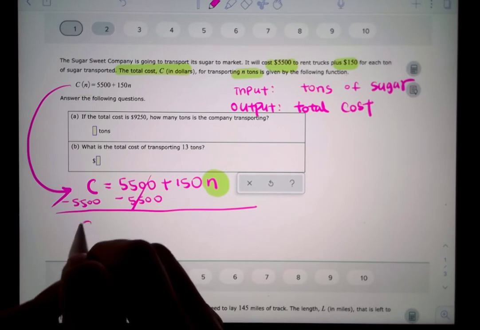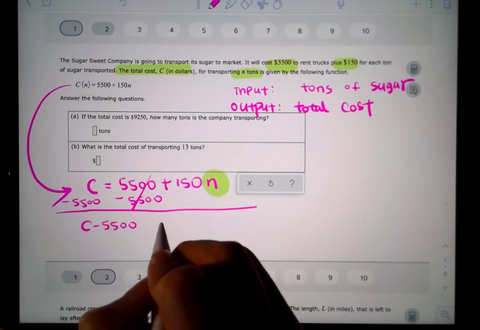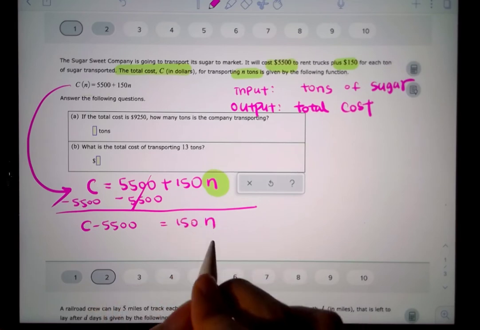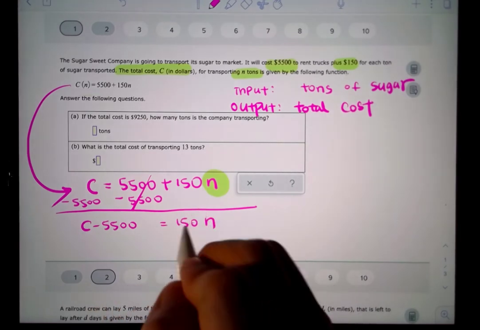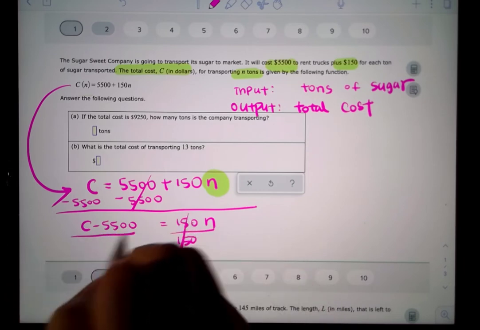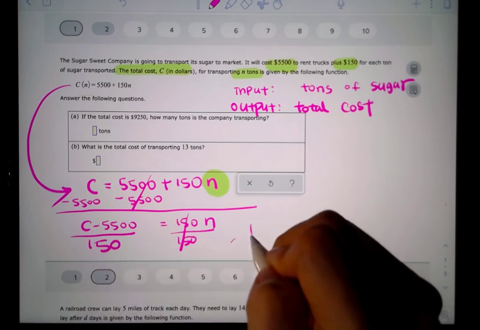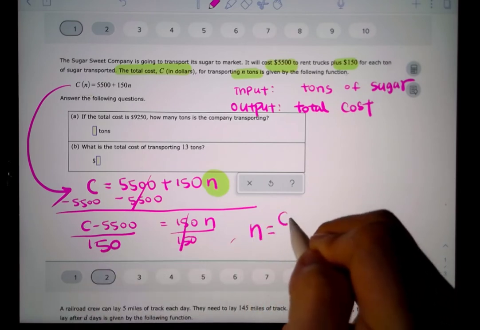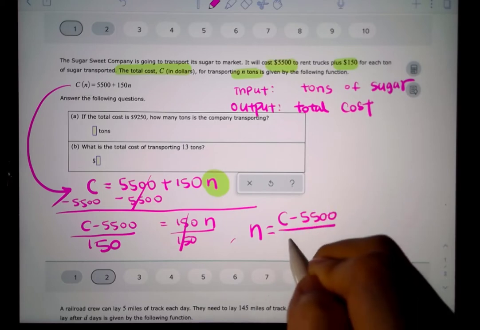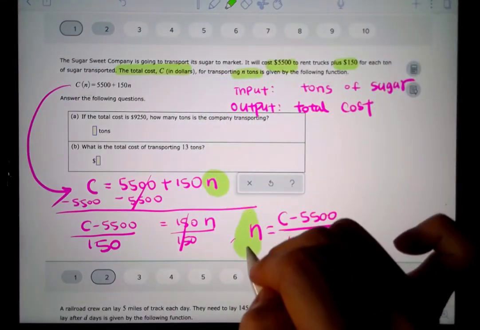Then you get C minus 5500 equals 150N. I want to get N, so we need to get rid of this 150. So divide by 150, divide by 150. So N equals (C minus 5,500) divided by 150. So you get your inverse function.